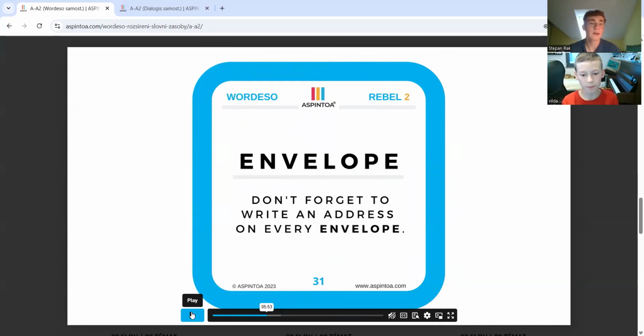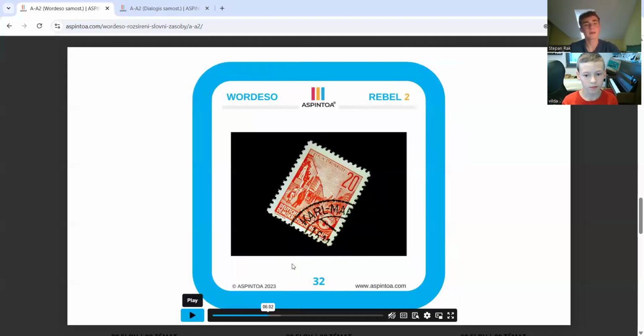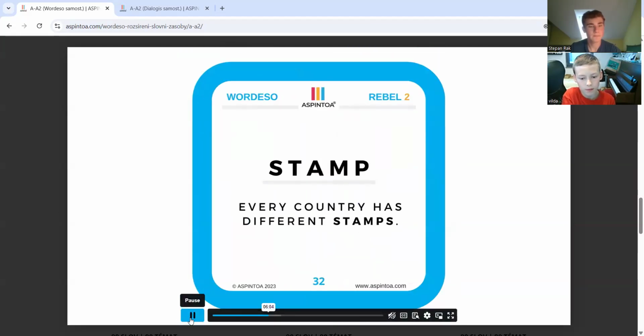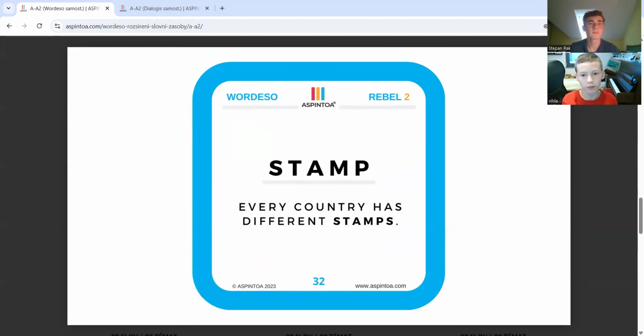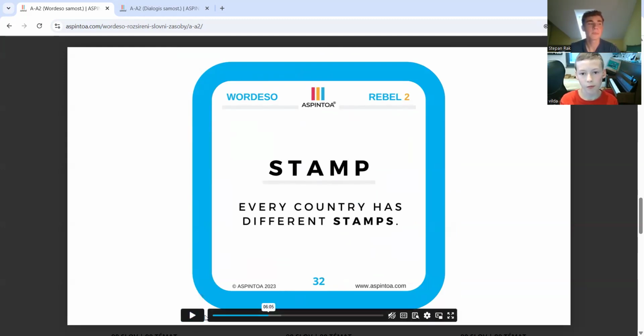Or you can maybe receive an invitation to a wedding or a party. And every envelope must have a stamp, yes. Do you collect stamps? No, I don't. Neither do I. I've heard that a lot of people do, but I'm not really that interested in it.